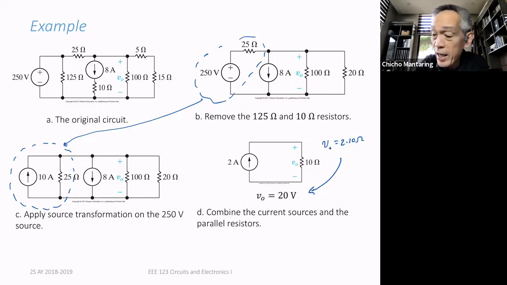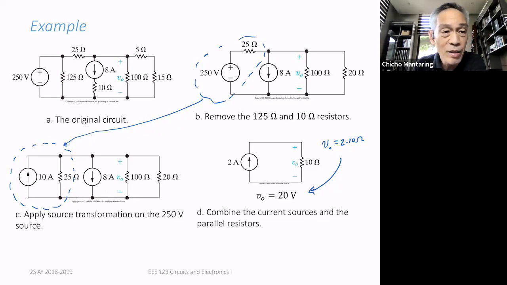Okay, now just a warning, no? This and this does not have an effect on V sub O, but they have an effect on the power that are being delivered by your sources. So if the problem here is determine the power, for example, being delivered by this voltage source, hindi mo pwedeng tanggalin to.